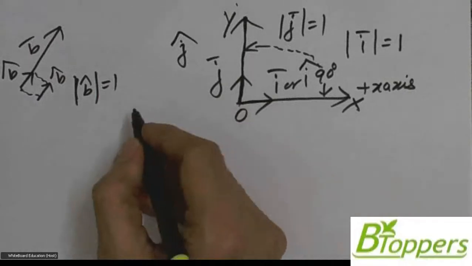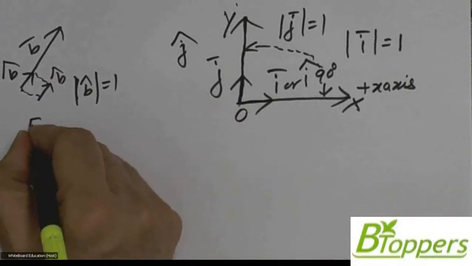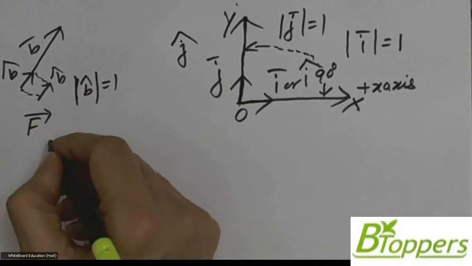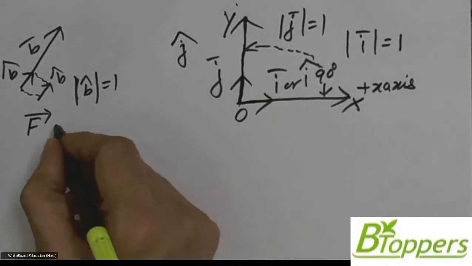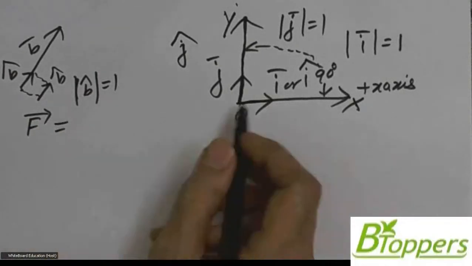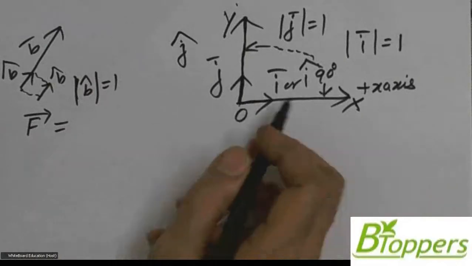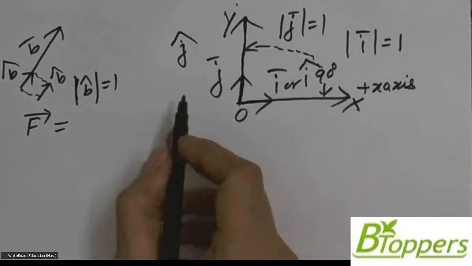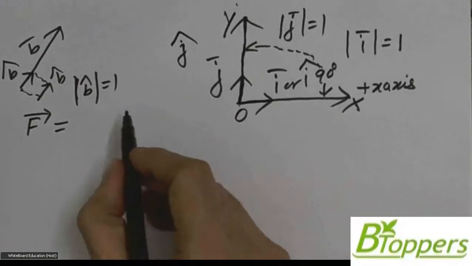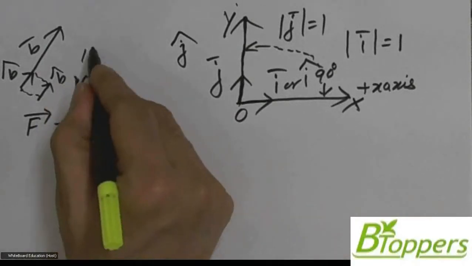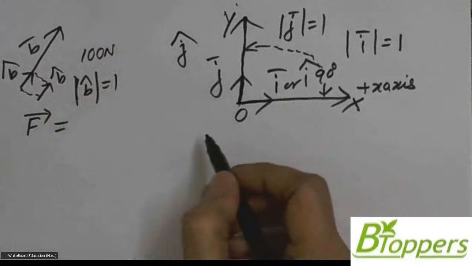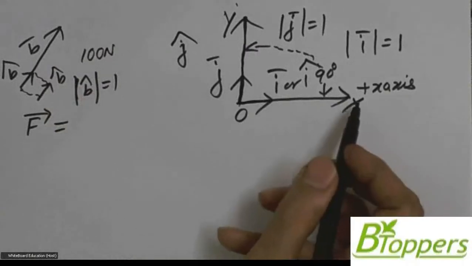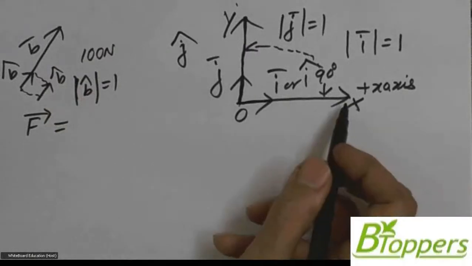Suppose a force F bar has a magnitude of 100 Newton and acts along the positive direction of the x-axis.